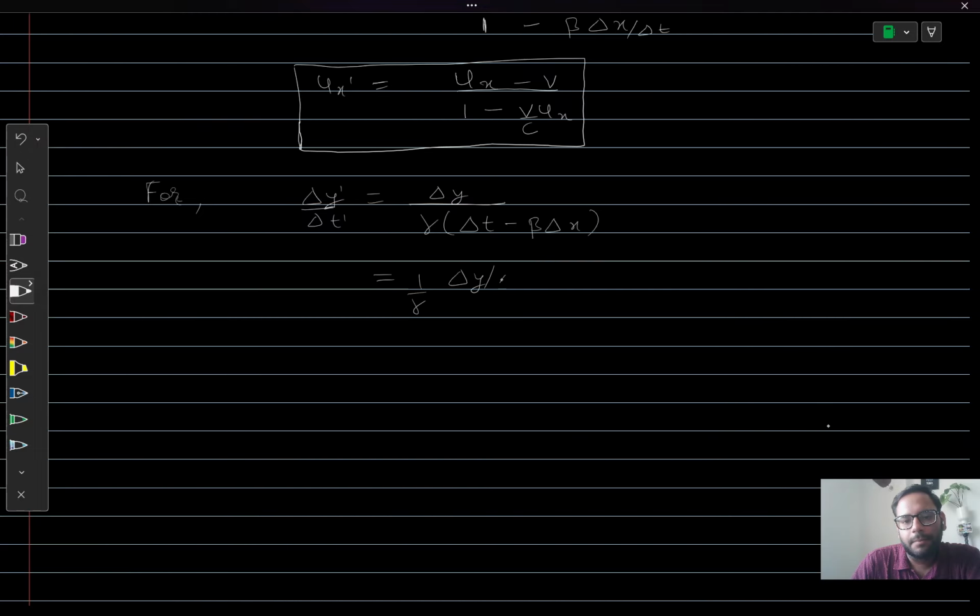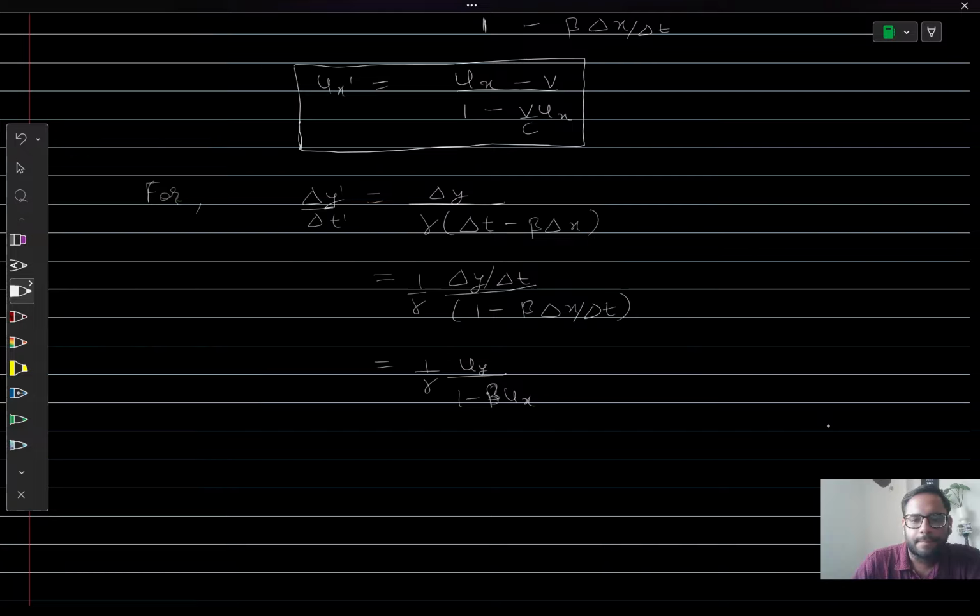You just divide both sides like this, 1 minus beta delta x by delta t. So it will be 1 by gamma times uy upon 1 minus beta ux.